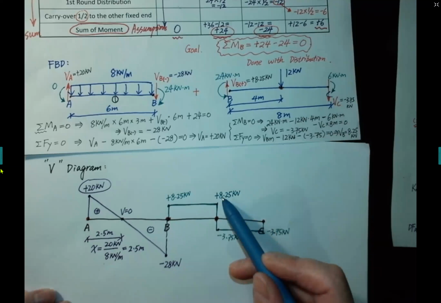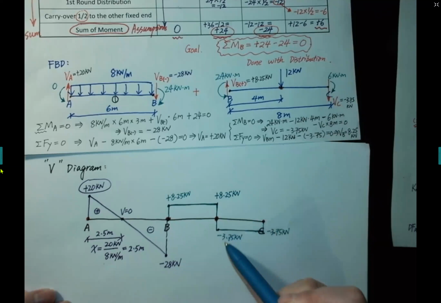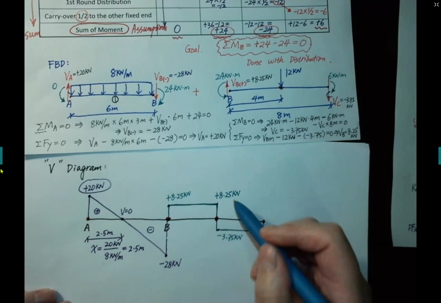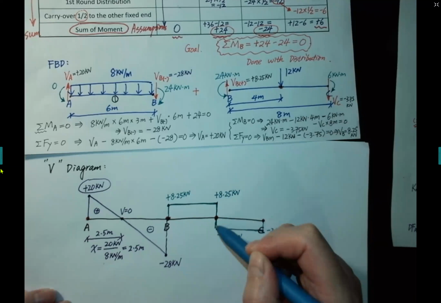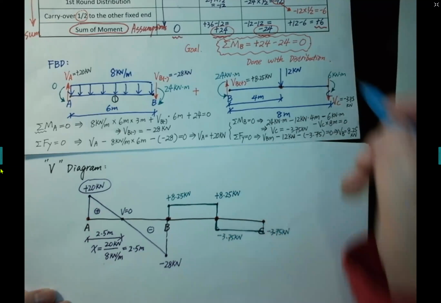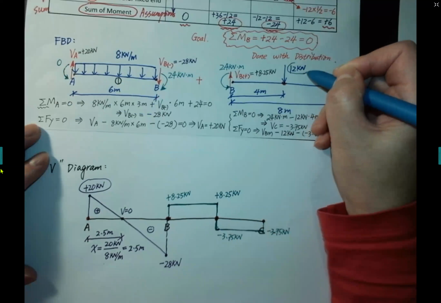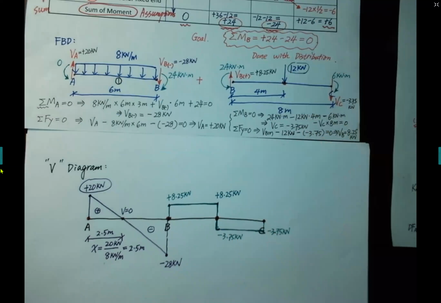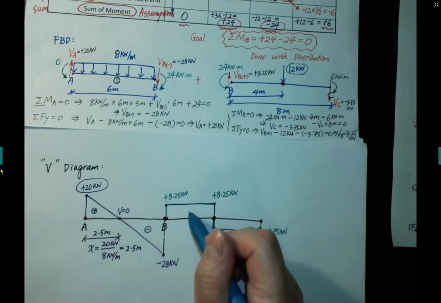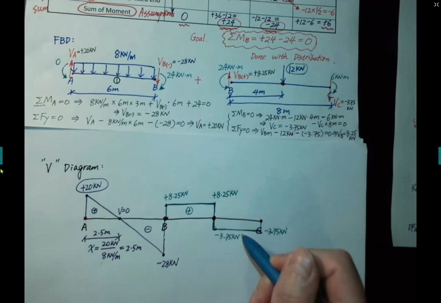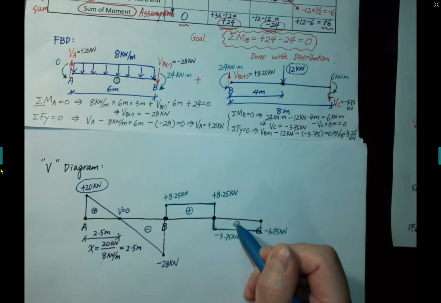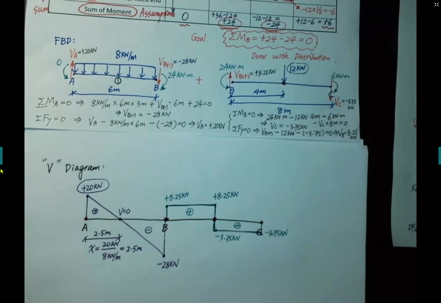If you add 8.25 and 3.75, the difference between the 2 points is 12 kilonewton, which is equal to the point load. So we get the positive side and the negative side, and this is the shear diagram.